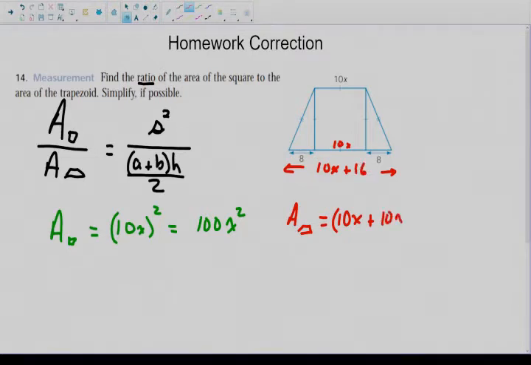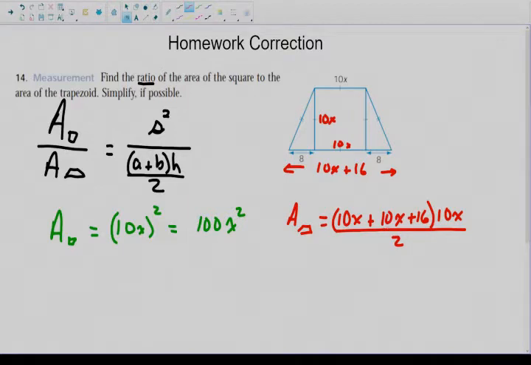So that becomes 10x plus 16 times h. Well, the height is also just 10x because this is a square, so these two lengths are the same. And that's all divided by 2.